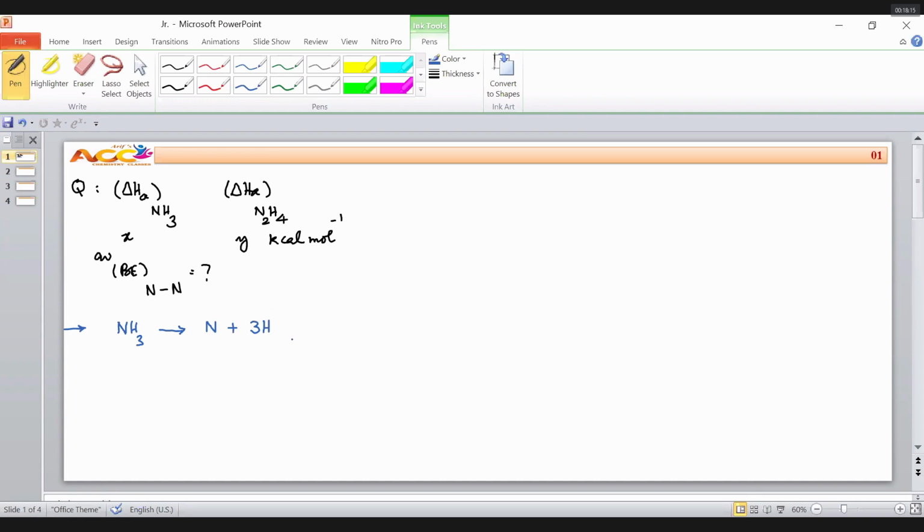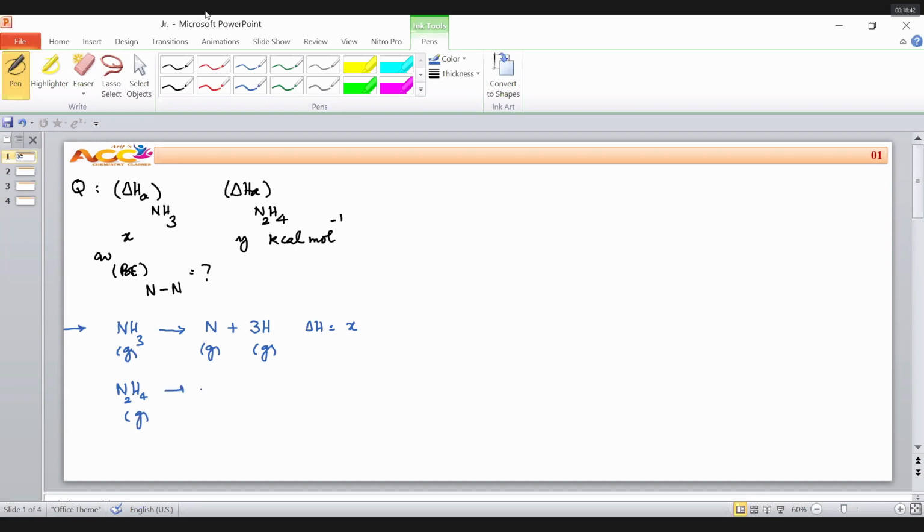If you want to do this type of process, whatever the amount of energy required is called enthalpy of atomization. That is given as del H is equal to plus X kilocalories per mole. Okay. Now N2H4. How do we proceed further? Nothing to do, sir. Let us write N2H4, which is also in the form of gas.